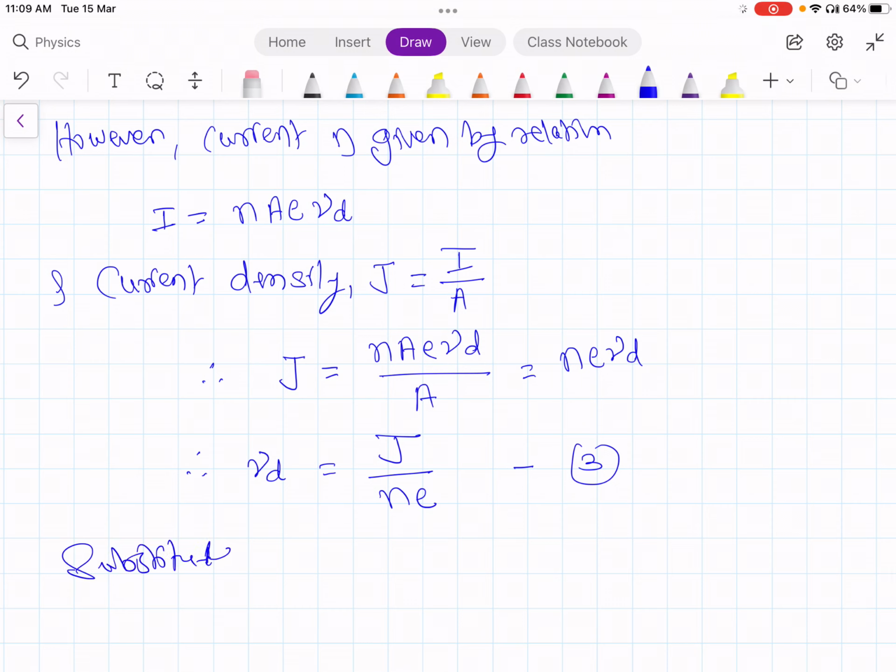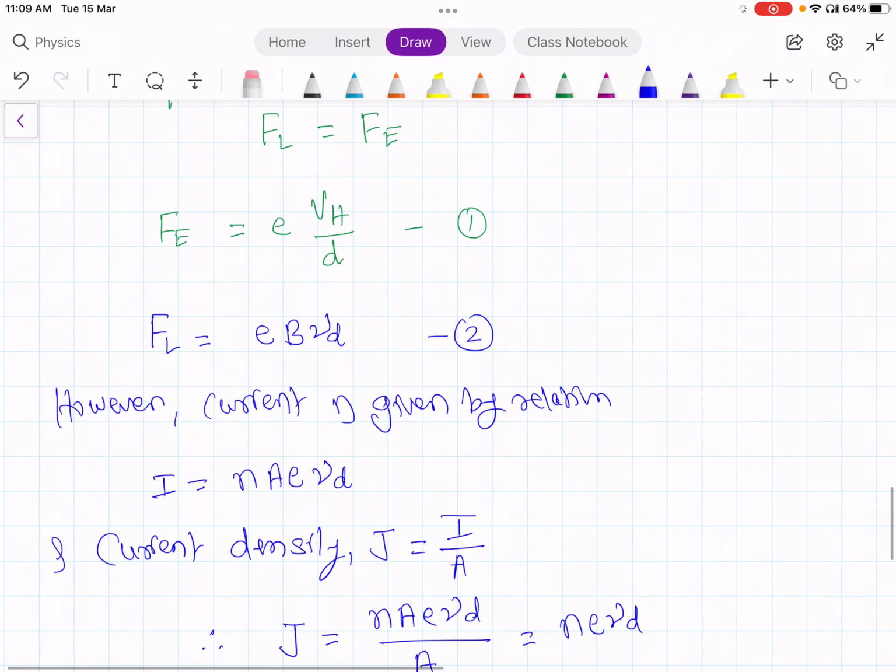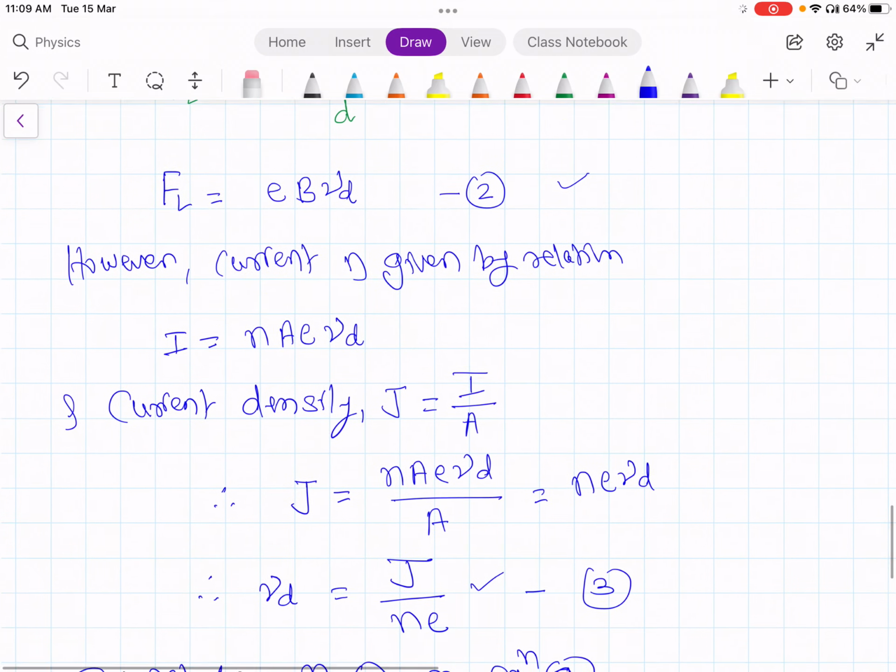Substitute equation 3 in equation 2, not equation 1, equation 2. Vd we will substitute in this equation of Lorentz force.